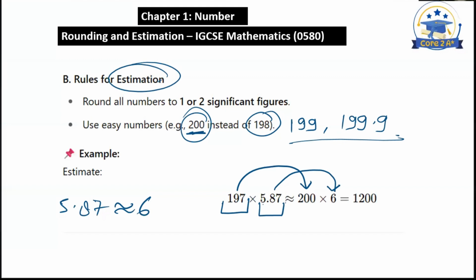So obviously this is very easy to calculate. It saves our time and energy. So the answer is 1200. Obviously this answer is not the exact answer, so we cannot write it plainly, but in brackets you could write approx. Now your answer is absolutely correct.